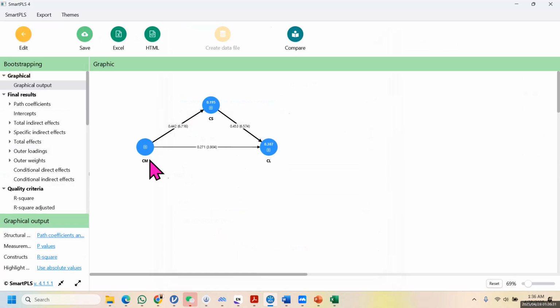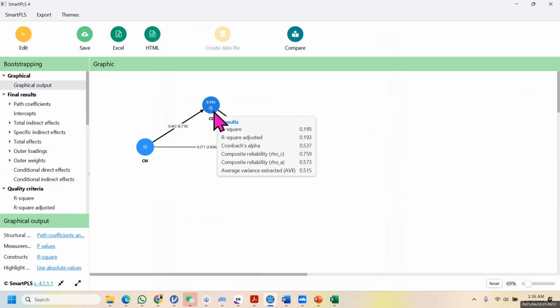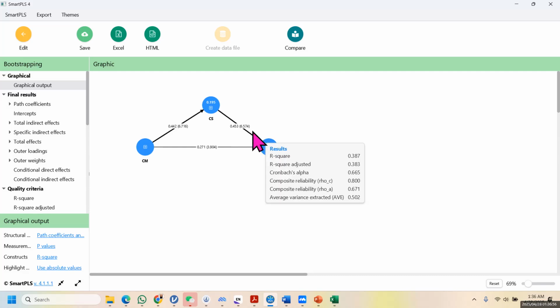Here CM and CL is the direct relationship, which is also significant, that means the T value is greater than 1.96. Also CM is related to CS, significant, T value greater than or equal to 1.96. Also CS is positively related to CL, T value greater than 1.96, that is significant.